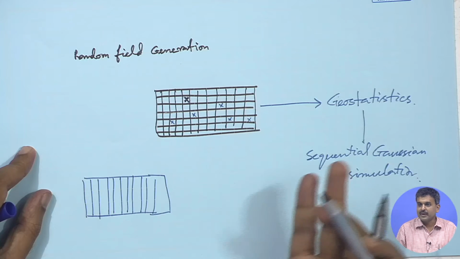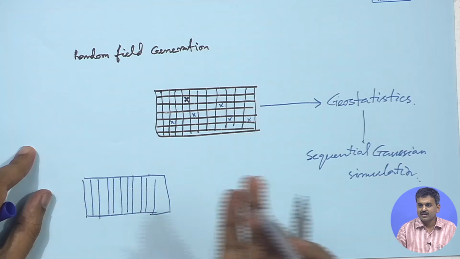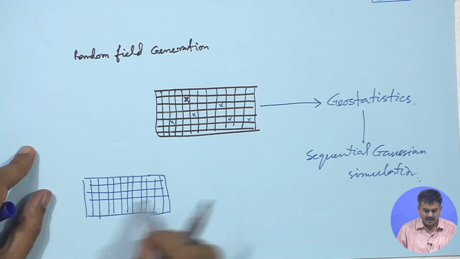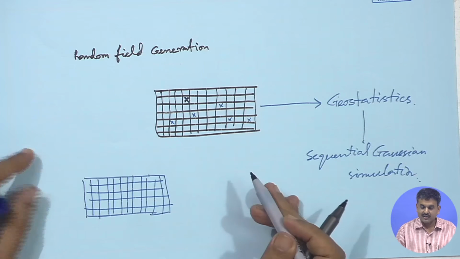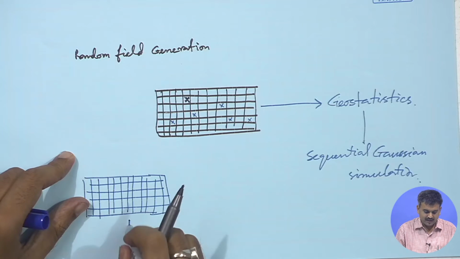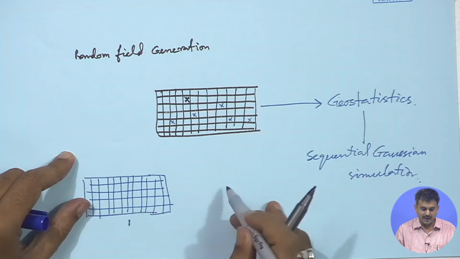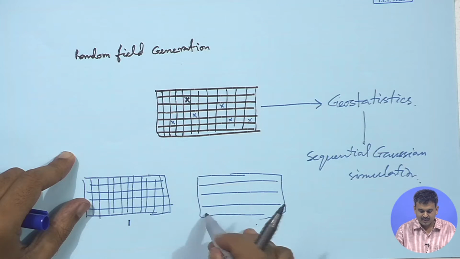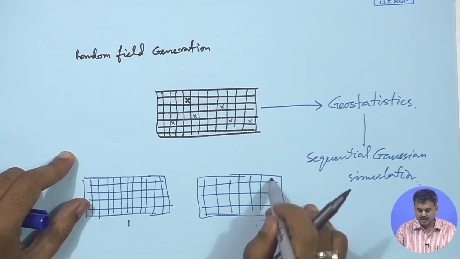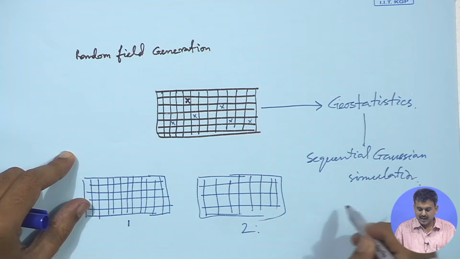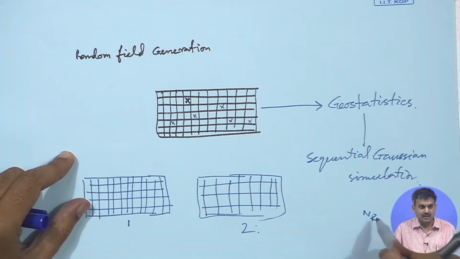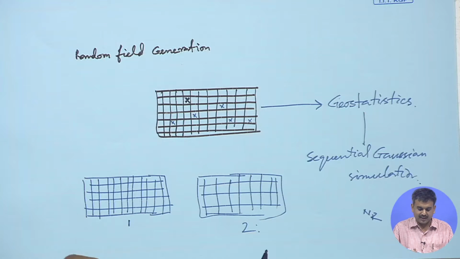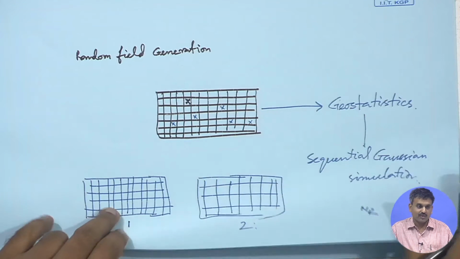This will be Bayesian information for your system, that given these values you can generate random fields. So, this is, let us say, one random field, there will be another random field for your domain, let us say this is number 2. Like that, there will be n-th number of random fields. And how to utilize these things in your groundwater modeling?